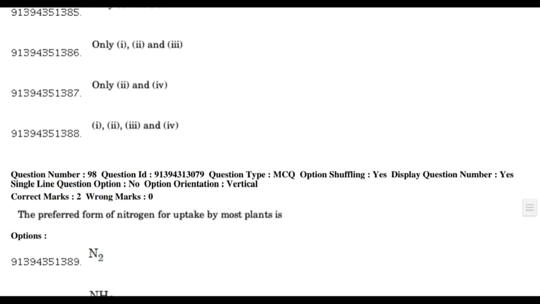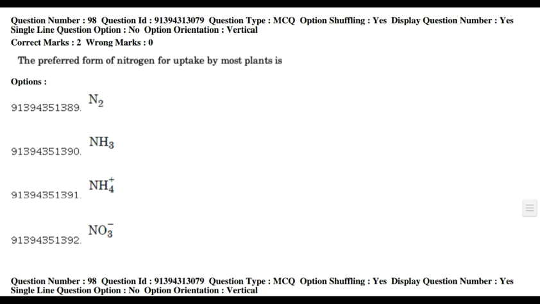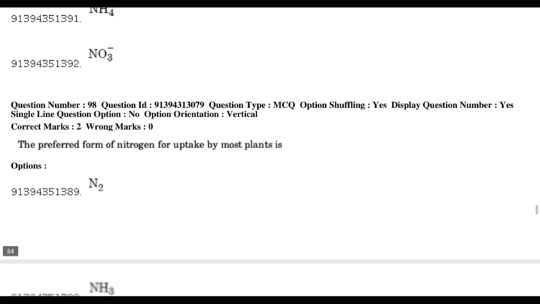Next, the preferred form of nitrogen for uptake by most plants is nitrate. Preferred form of nitrogen for uptake by most of the plants is NO3 minus.